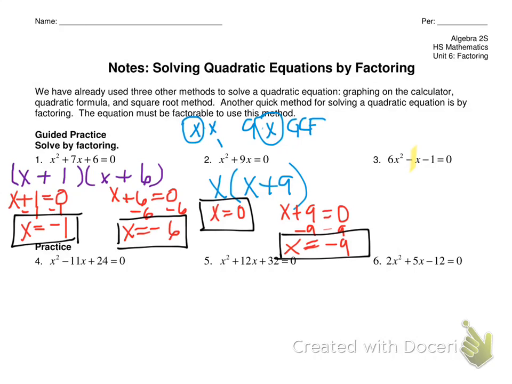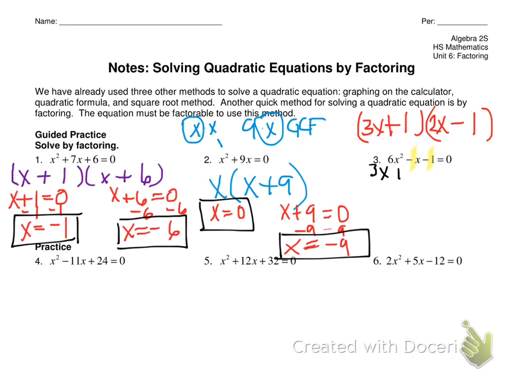Okay. Looking at number 3, I've got my last term is negative, and my middle term is negative, which means that I'm going to have a positive and a negative constant inside of my factors, and the larger one is going to have to be negative. So when you factor these, you get 3x plus 1 and 2x minus 1.